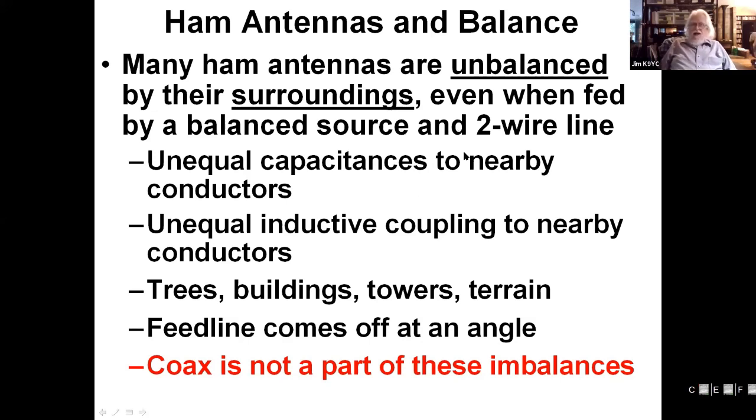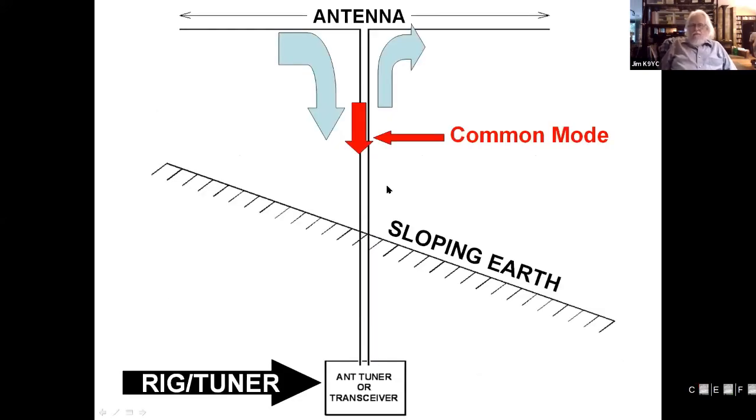So we can have unequal capacitances to nearby conductors, unequal inductive coupling to nearby conductors, trees, buildings, towers, feed line coming off at an angle, and we don't even have coax involved yet. We're still talking about two-wire line.